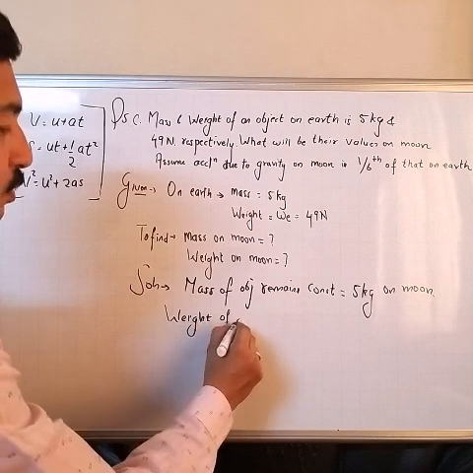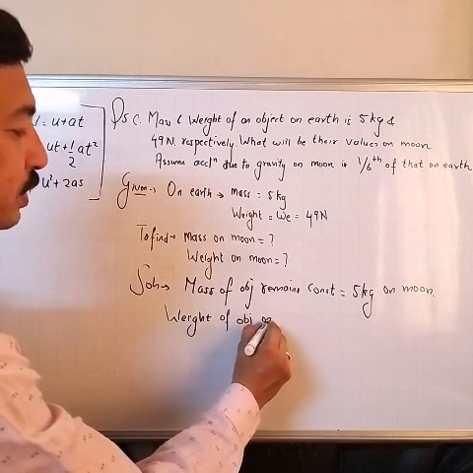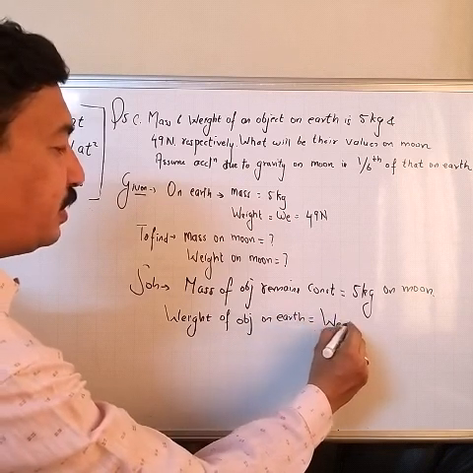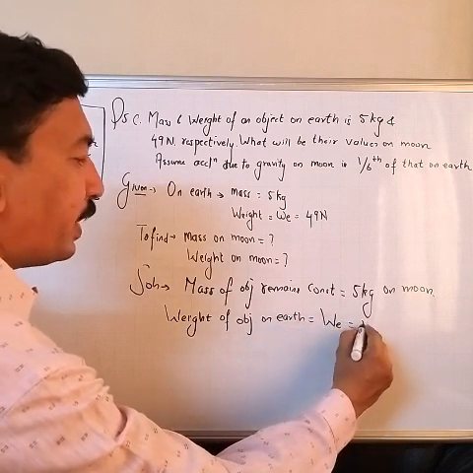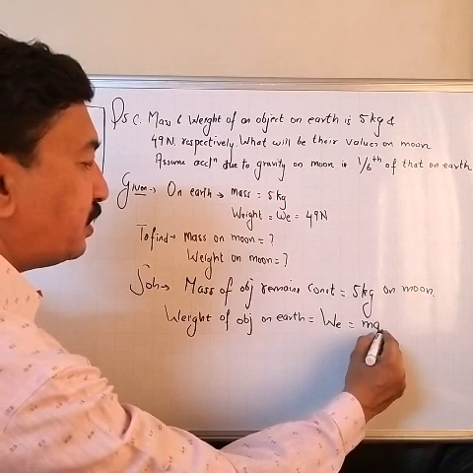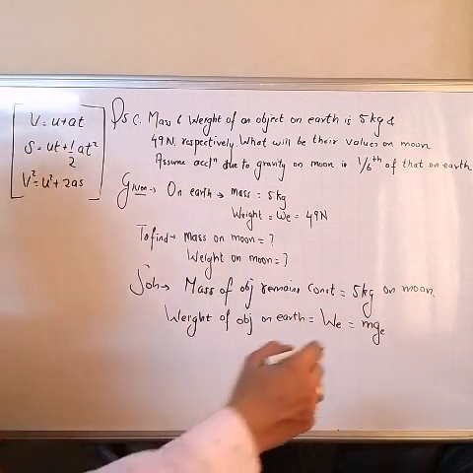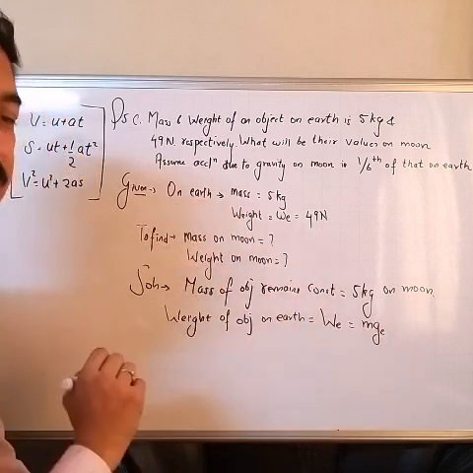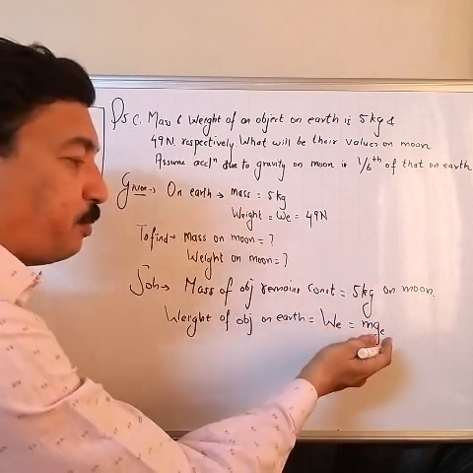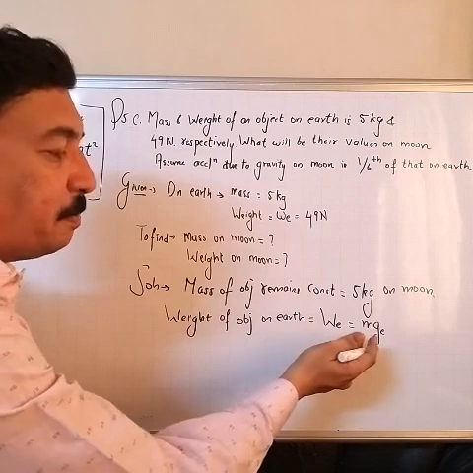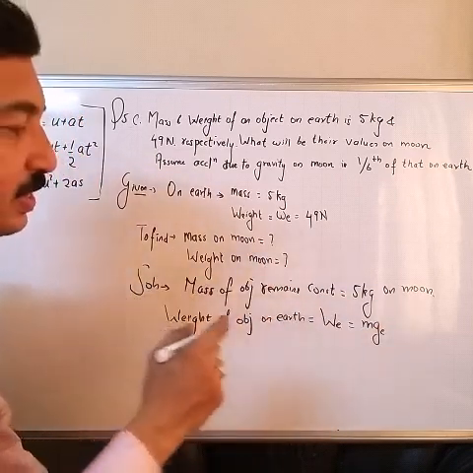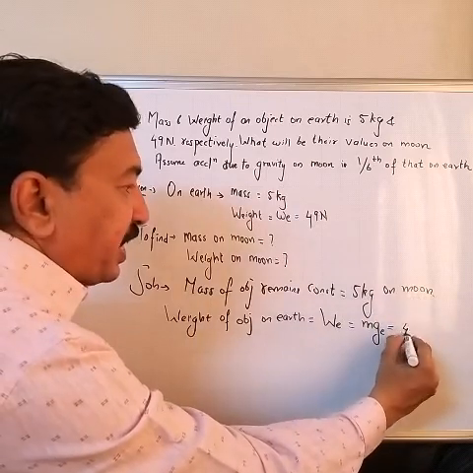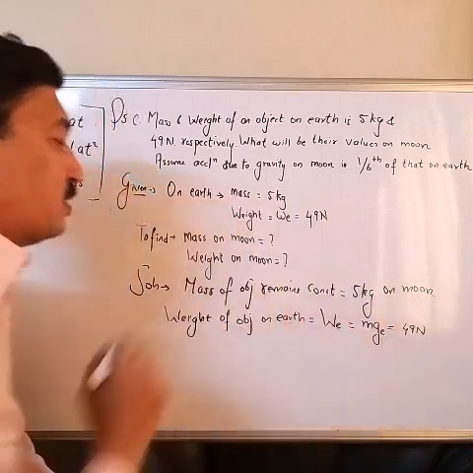I write W_E, which is equal to m into g_E. What is g_E? g is the acceleration due to gravity on the earth. And this formula I have already taught you. Weight is mass into acceleration due to gravity. And this value they have mentioned as 49 Newton.